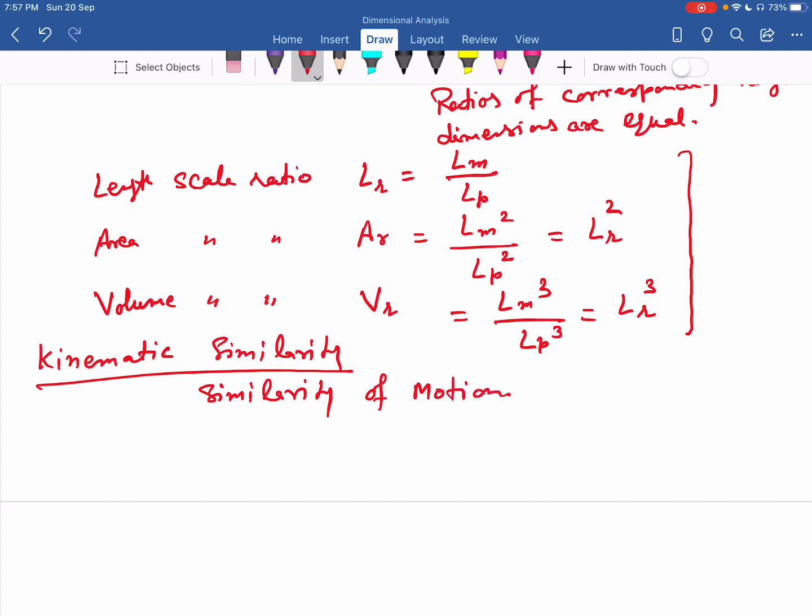That means the ratios of velocity, acceleration, discharge, etc. are the same in both the model and the prototype. These are the same at homologous points. So you can say the velocity, acceleration, discharge, etc. are the same at the homologous points.